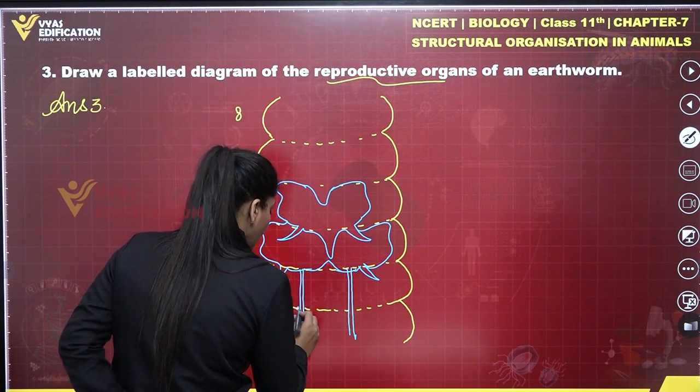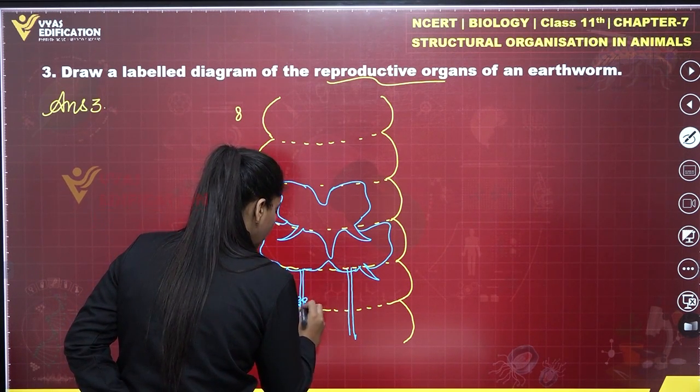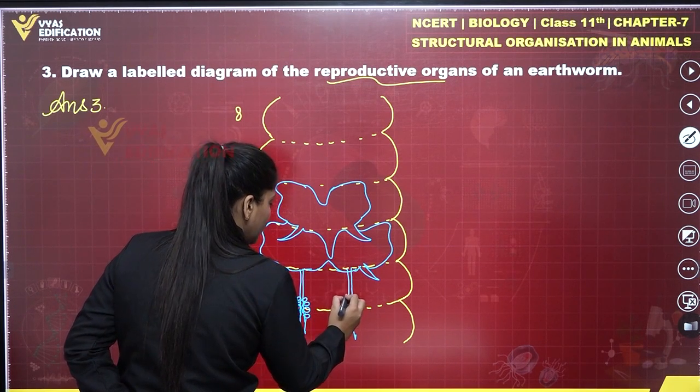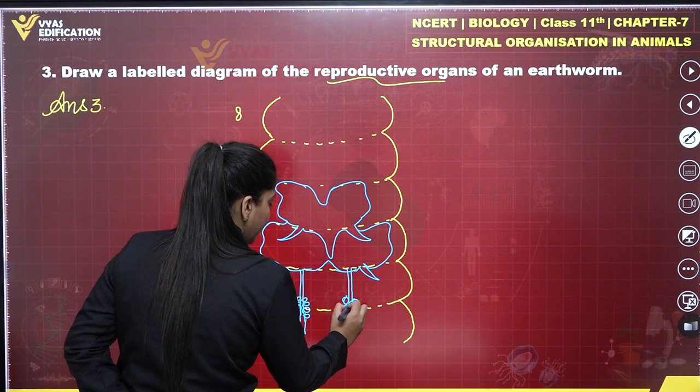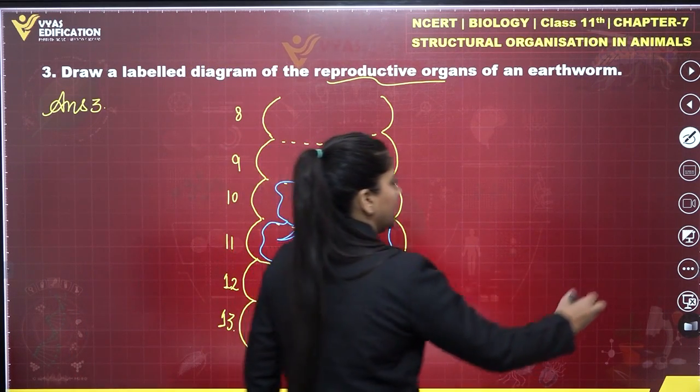Right. Now the ovaries are present between the 12th and 13th segment in the earthworm. Somewhere here the ovaries are found. So these are the ovaries.